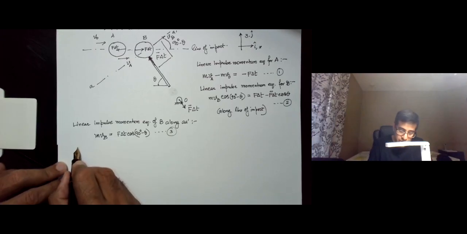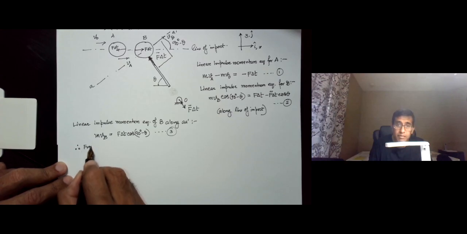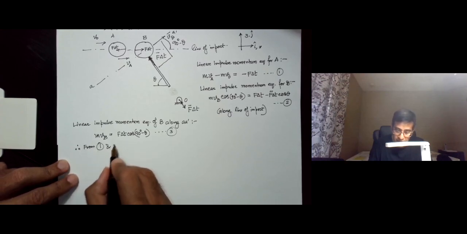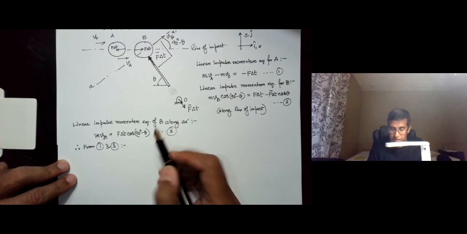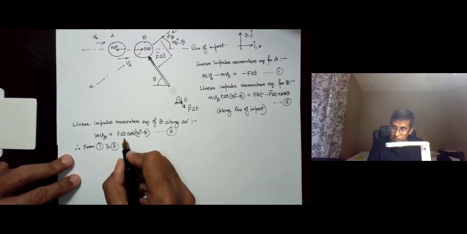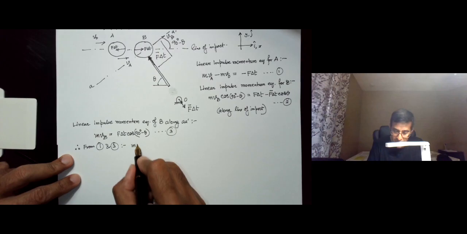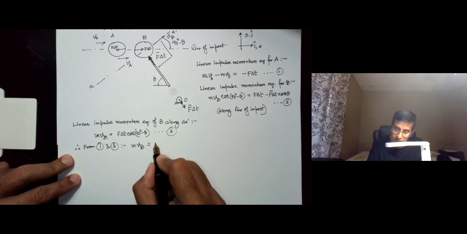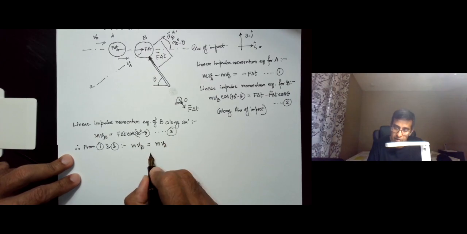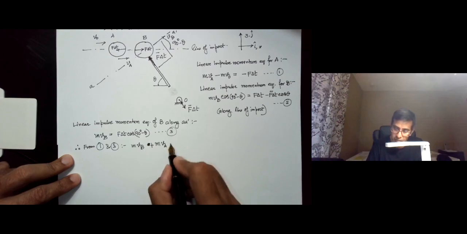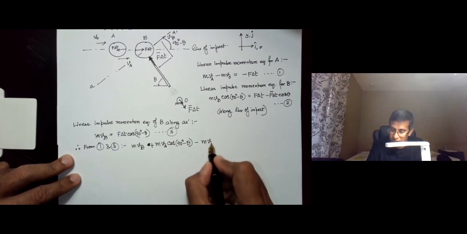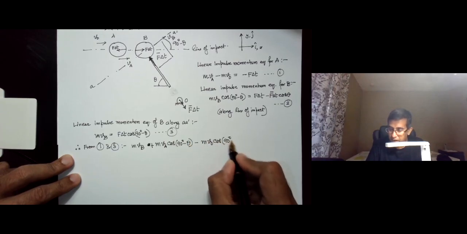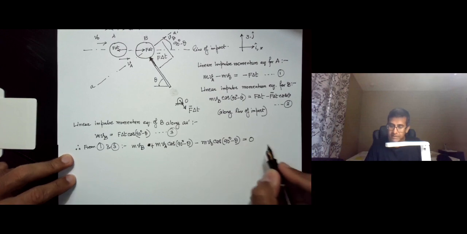So therefore from 1 and 3, if we multiply 1 by cosine 90 minus theta and add to 3, what we are going to get is cancellation of this f delta t term, and we'll have mvb plus mva cosine 90 degrees minus theta minus mv naught cosine 90 degrees minus theta is equal to 0.